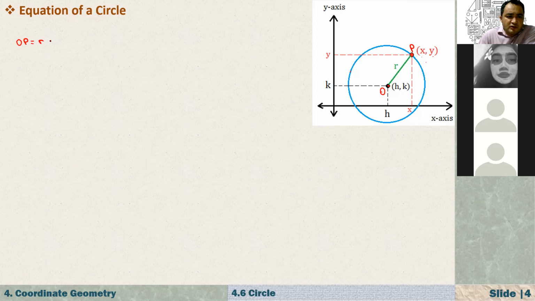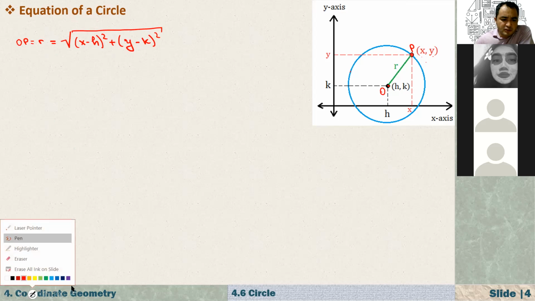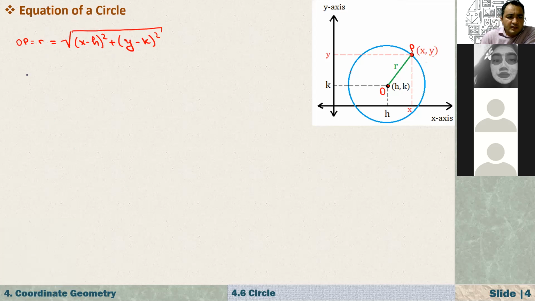So the radius of the circle is just the distance formula: the square root of (x minus h) squared plus (y minus k) squared. Now, if I just square both sides, we get the equation of a circle: (x minus h) squared plus (y minus k) squared, and on the right-hand side we have r squared, right?